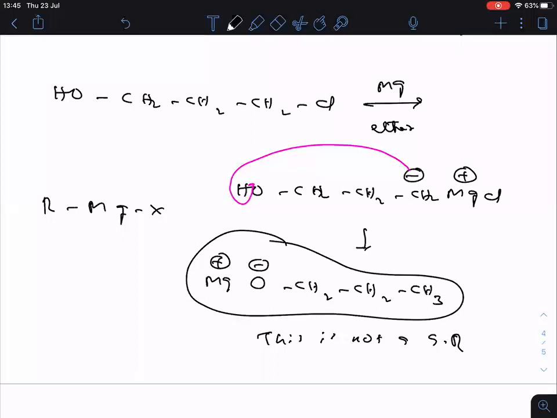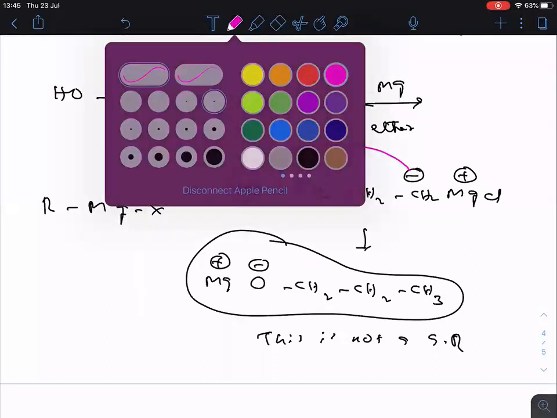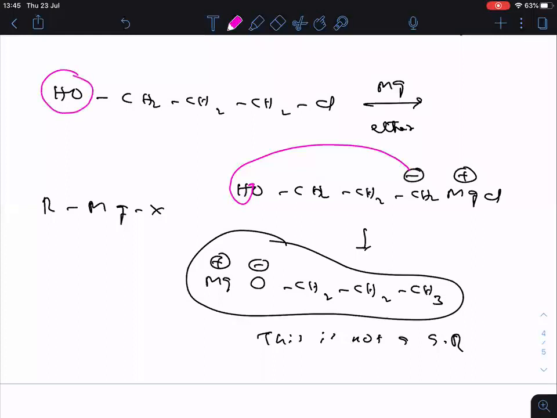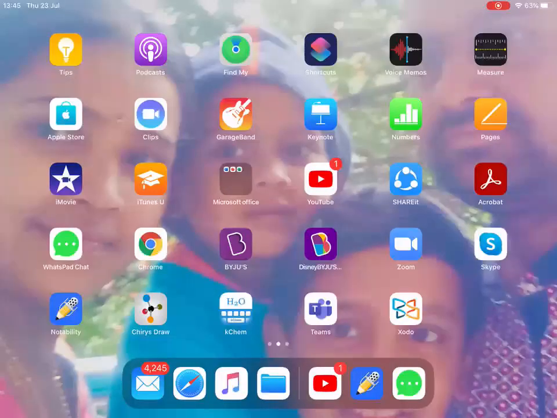So remember, if the substrate is having acidic hydrogen like this, it is not possible to prepare the Grignard reagent. Anyone having any doubt in the preparation method?